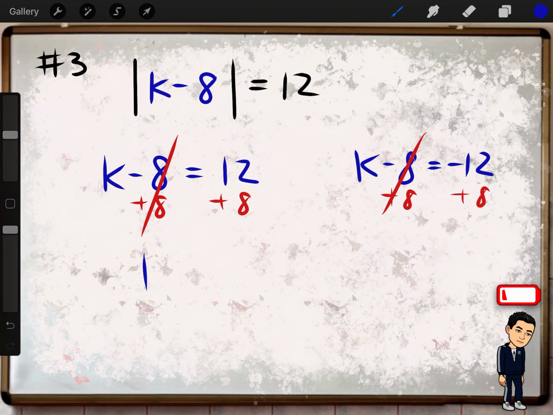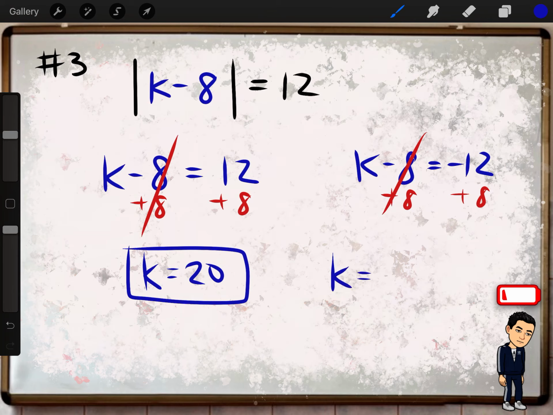So now you have k is equal to 12 plus 8, that's 20. That'll be your first solution. So k equals 20, or k equals negative 4. Okay, so two solutions.